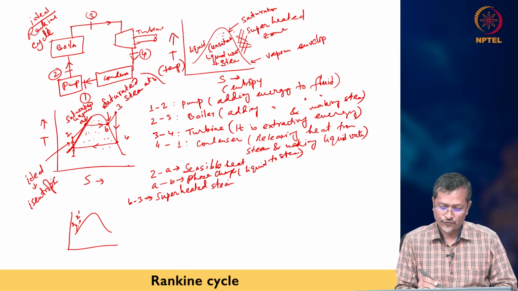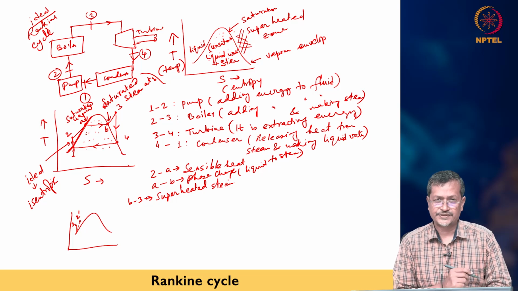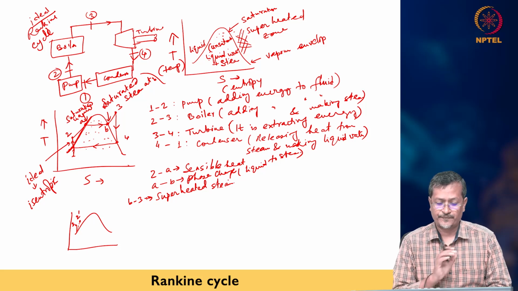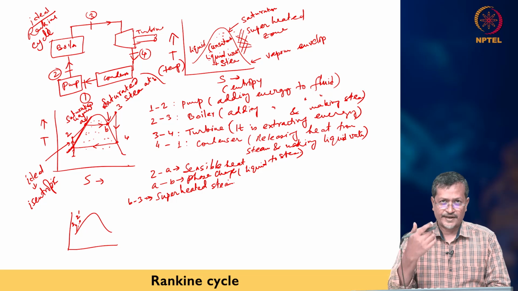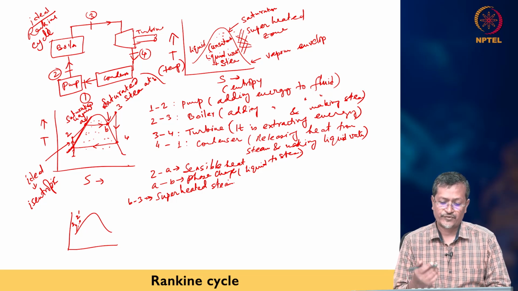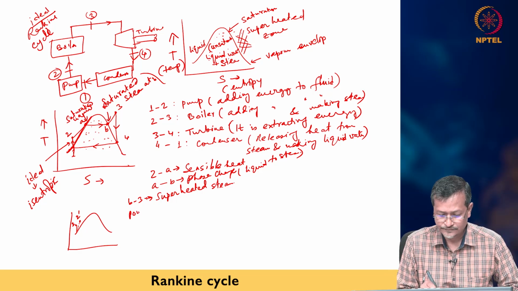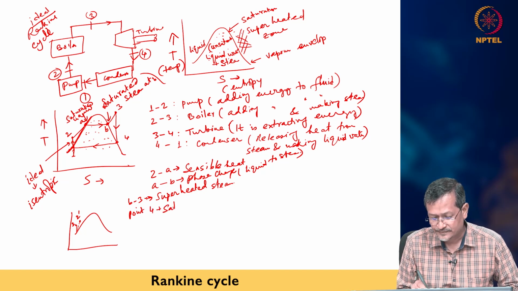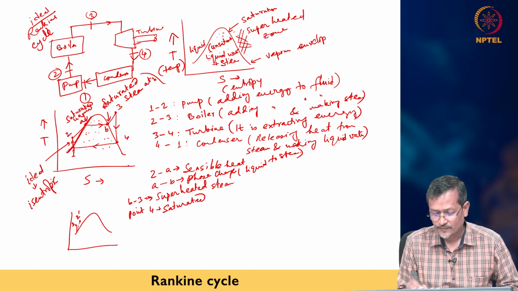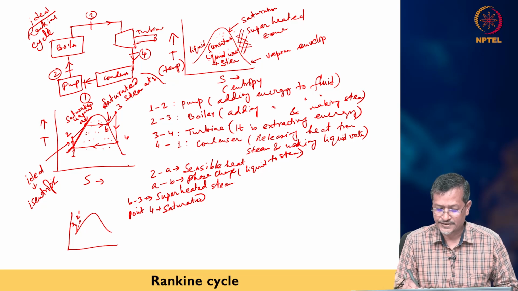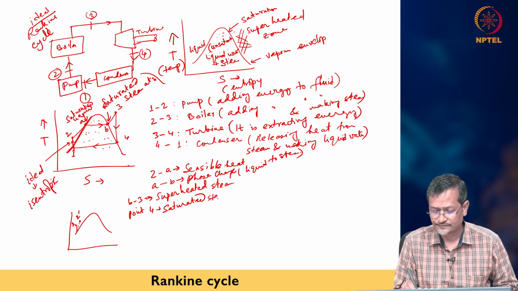And 3 to 4 is actually turbine work. Inside the turbine you cannot have liquid, as liquid will cause difficulty, so the turbine handles only steam. That's why you have to give superheated steam to the turbine, and after exiting the turbine it can reach point 4, saturated liquid or saturated steam, you can say.